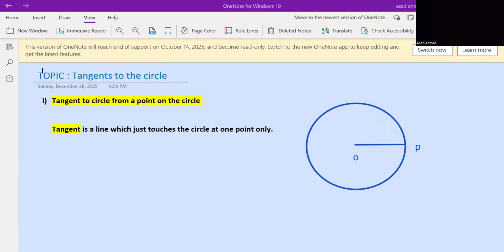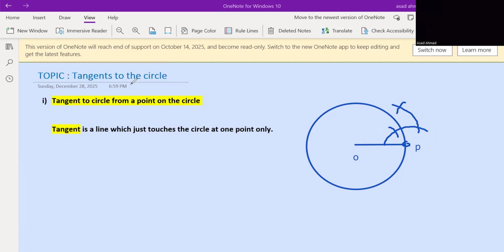Drawing the tangent is very simple. You have to just make one 90-degree angle, and for the 90-degree angle you take P as center and draw an arc like this one. So one simple 90-degree angle is required.